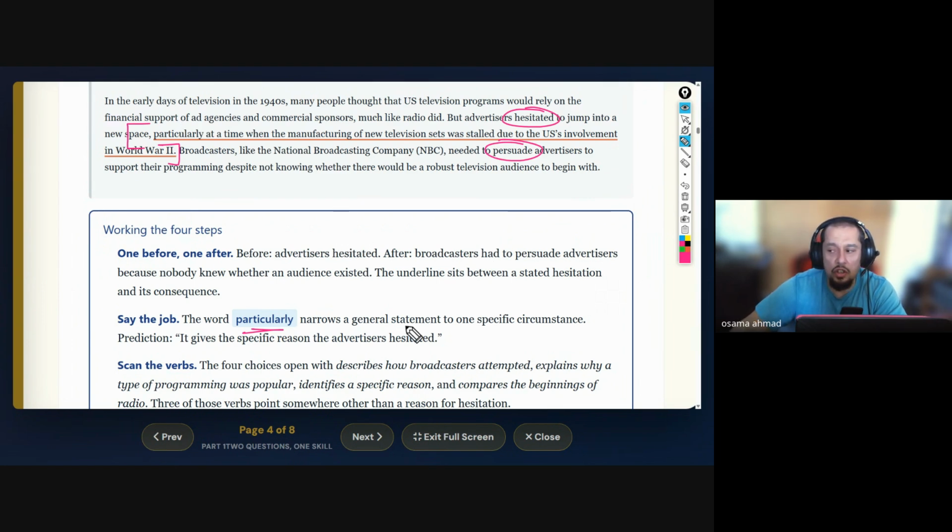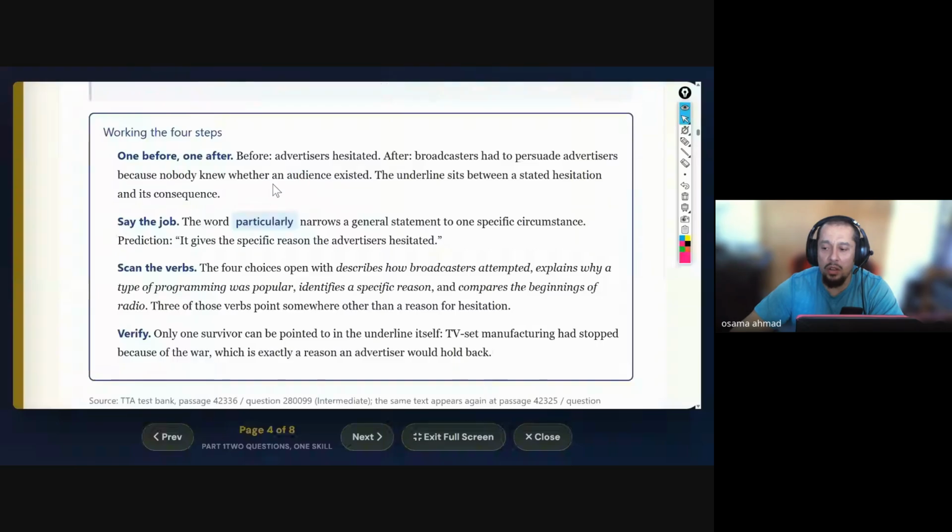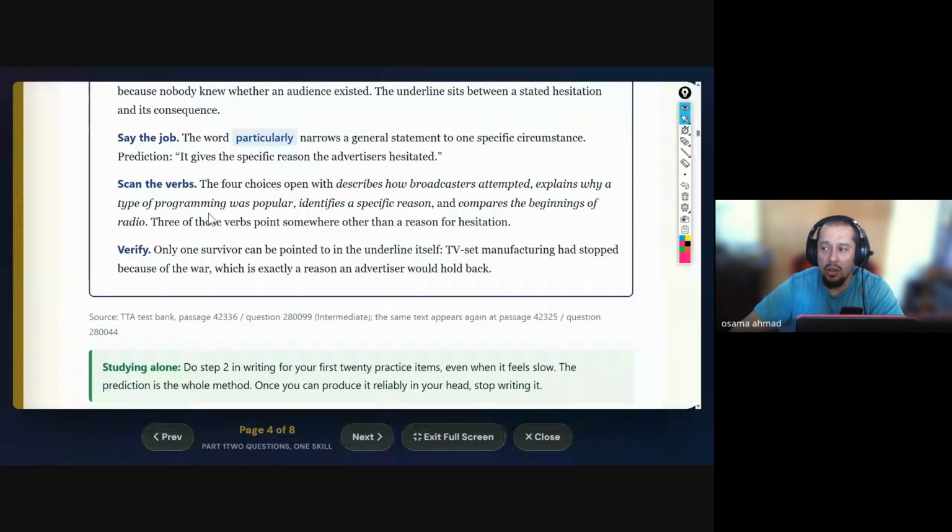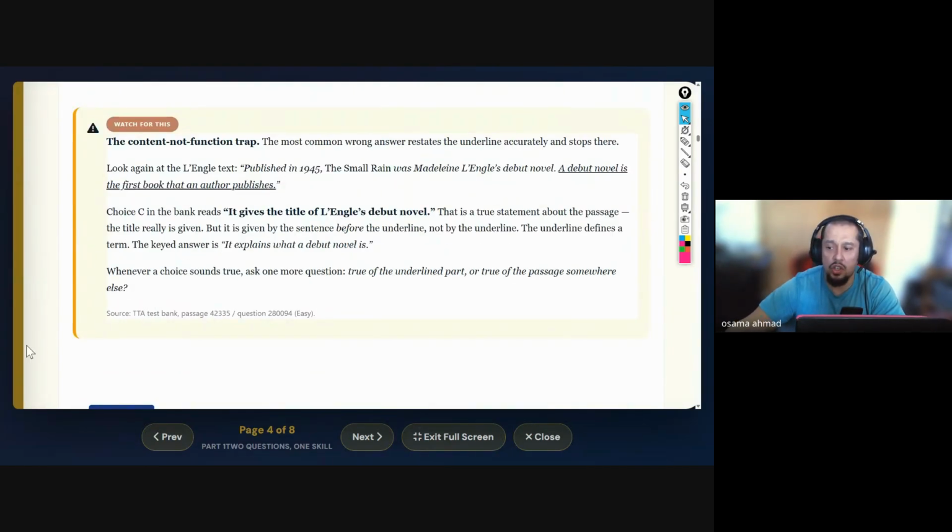So it narrows a general statement to one specific situation. فهنا ممكن نقول a specific reason why advertisers hesitated, right? عشان بيقول لي they hesitated particularly يعني ايه؟ Specifically, right? And then when I look for the answer choices, I look for an answer that shows me this is a reason why they hesitated. So this is the simple steps احنا بناخدها عشان نحل سؤال function, right?